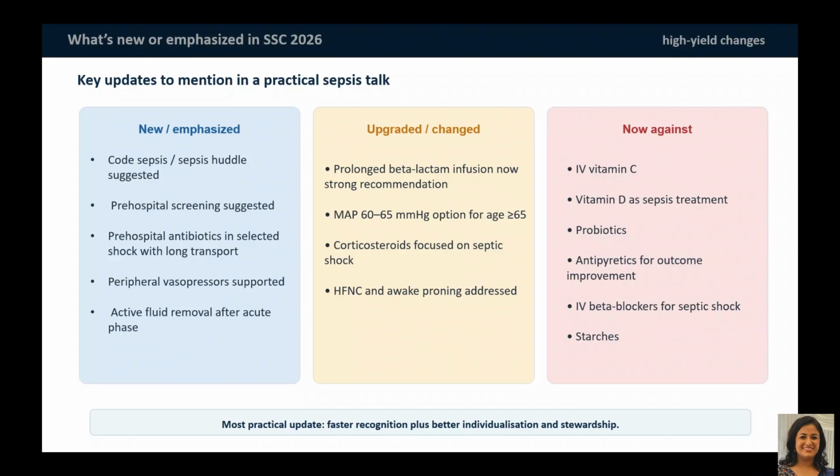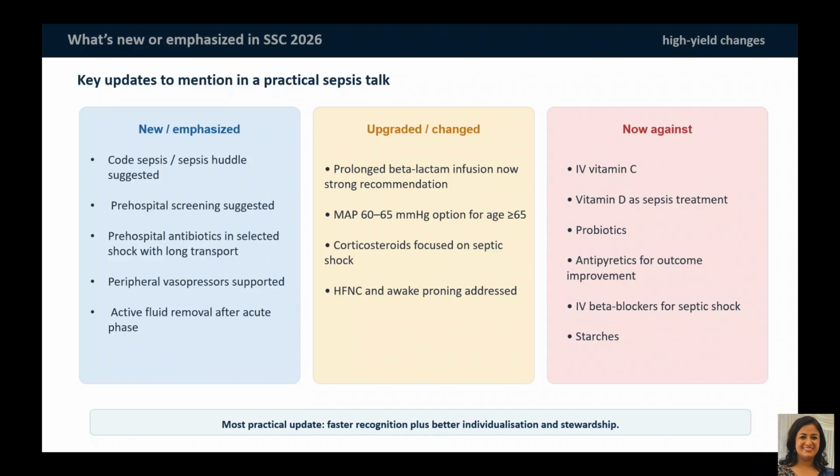Then pre-hospital screening if possible: before the patient comes to the ward or the hospital, you assess and treat, and they are even advocating pre-hospital antibiotics for selected patients. Peripheral vasopressors can be given, and after active fluid administration, there is a possibility of removing fluid if you find there is too much.